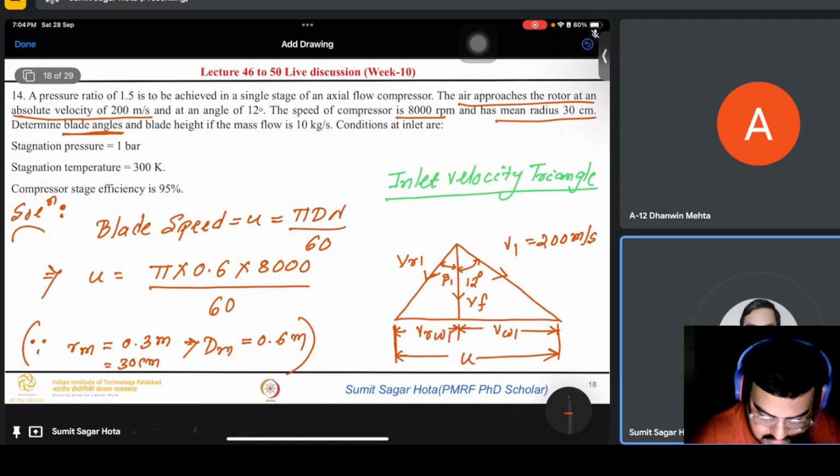We need to find out the temperature T1, because in this question no temperature values are given.